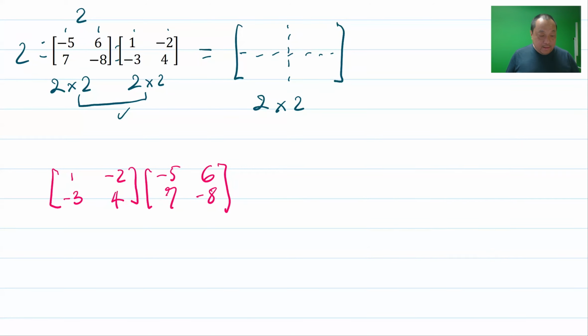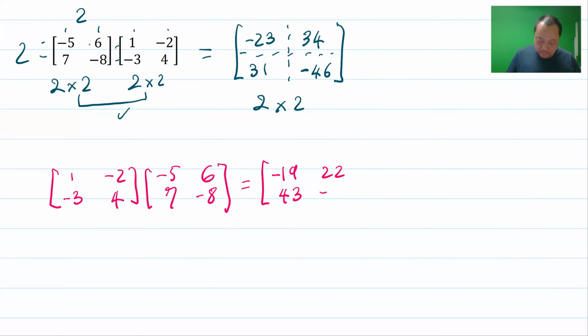All right, welcome back. This should be your answer. Negative 23 and 34, 31 and negative 46. The previous answer was something else. It was different.